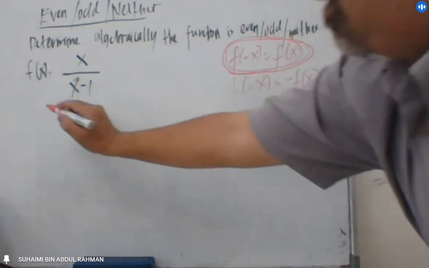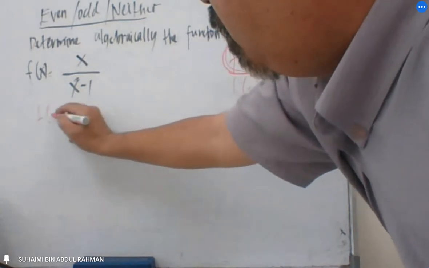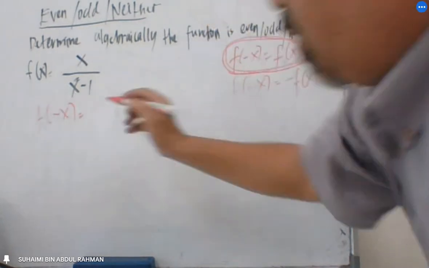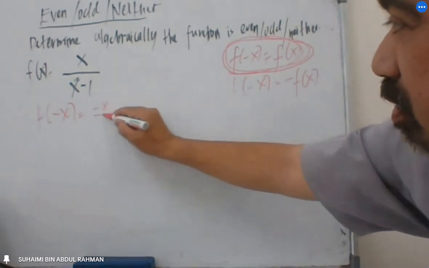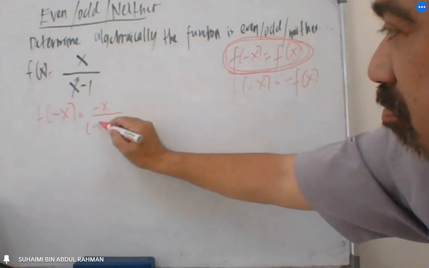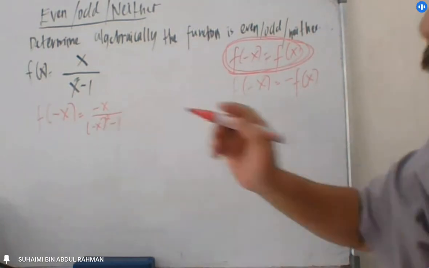We do the same thing. f(minus x) equals minus x divided by minus x square minus 1.